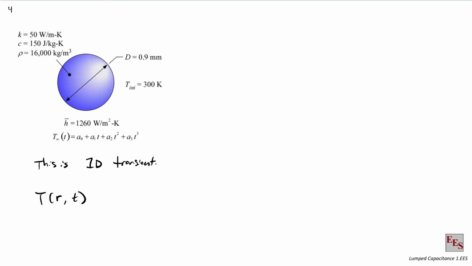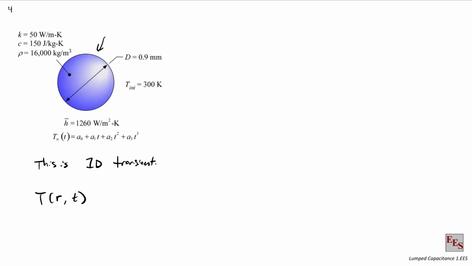So let's imagine for this problem that the conductivity is really high within the body. Say it's almost infinitely high. That means as I'm adding heat to the body or taking heat away from the body, it's really quickly able to equilibrate internally. And so if you look at it relative to its surroundings, it really is just one temperature. That entire body is just at one temperature at any moment in time.